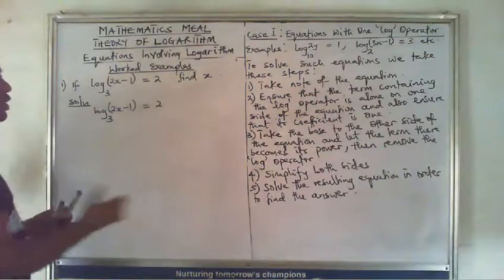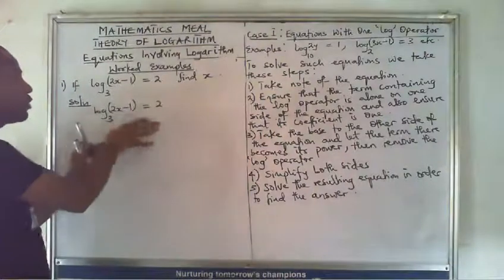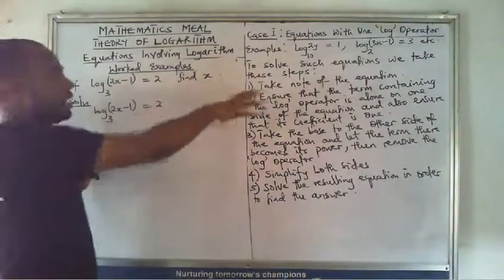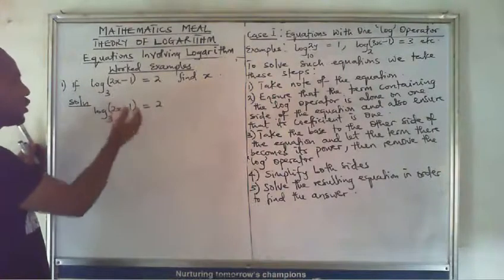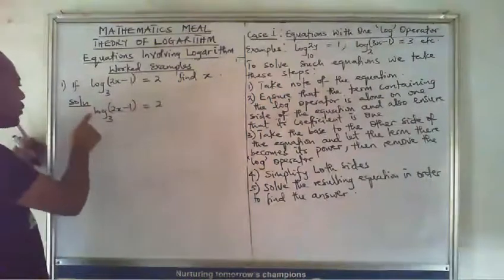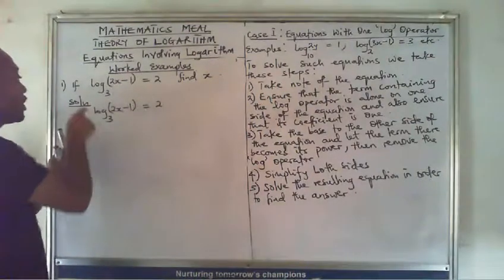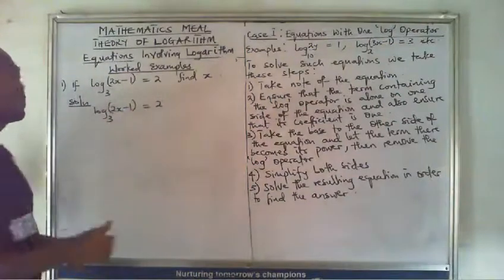So the second step now, we don't have any problem. We don't have a situation where we need to do anything using the second step now, because there is no other term associated with this log term, and the coefficient of the log term is 1. If the coefficient is not 1, we must do something in order to clear that coefficient.